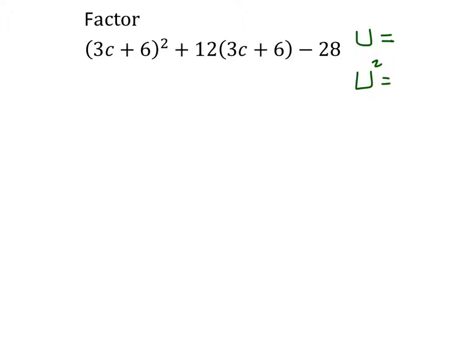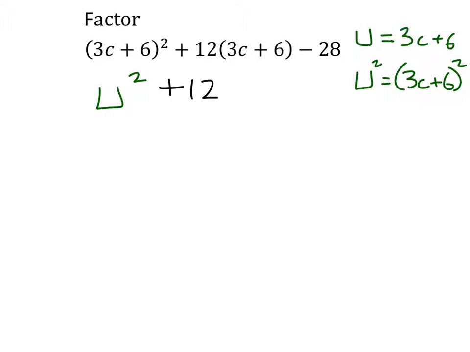And instead of distribution on this one and multiplying that 3c plus 6 by itself, I'm just going to replace u as 3c plus 6. Which means u squared would be 3c plus 6, specifically in parentheses, squared. Which allows me now to rewrite this as u squared plus 12 times u minus 28.